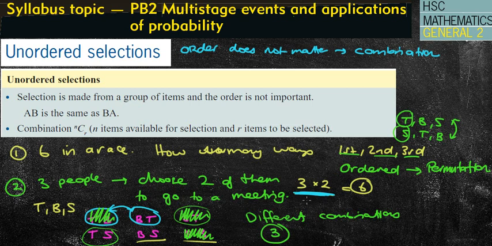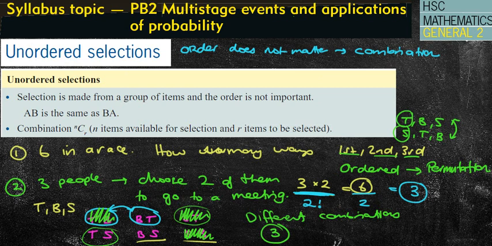I've got 2 places, so I'm going to divide it by 2 factorial. Now, if I had 3 things I was choosing, I would divide it by 3 factorial. This means perfectly that I'm going to have the right numbers. So 2 times 1, that's 2 factorial. 2 times 1 is 2. And 6 divided by 2 equals 3. Okay, and that gives me 3. Now, that might confuse you a little bit, but we'll look at some examples as we go along.